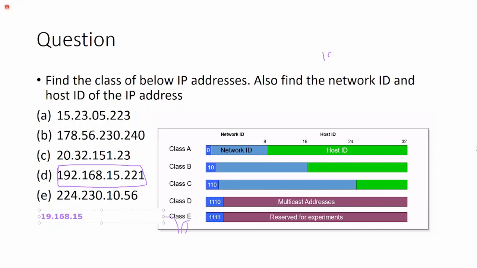So how many different addresses can you have here? 192.168.15.1, 15.2, and like that, up to how many can you go? Not 8.